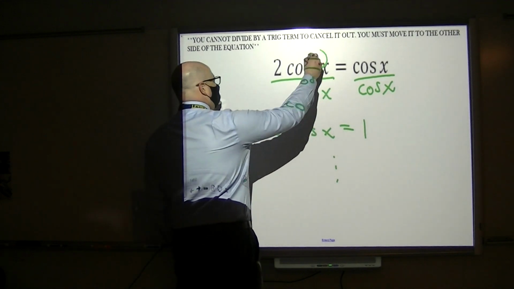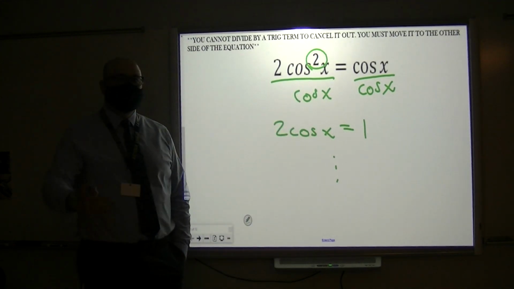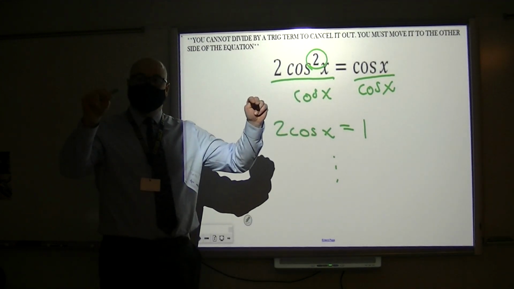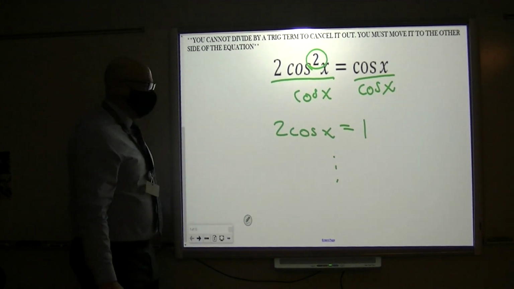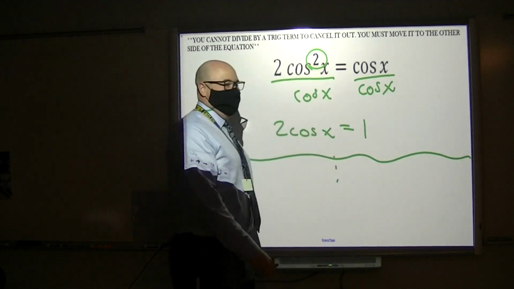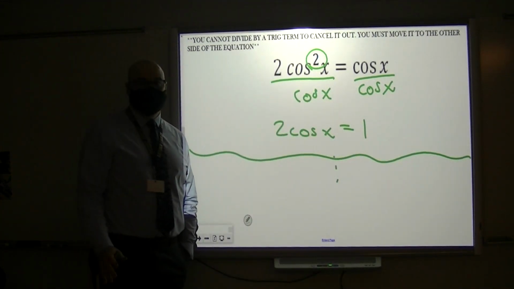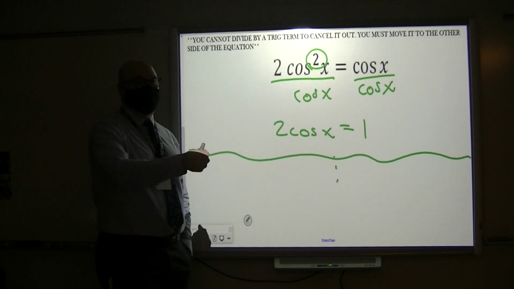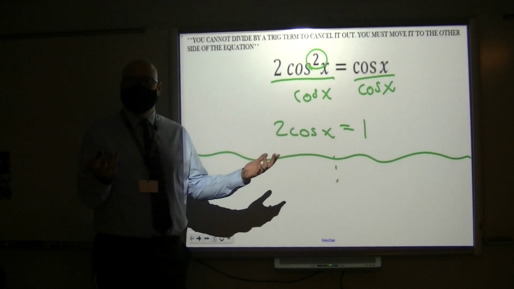Here's why. This is still a second degree of our variable x, and the fundamental theorem of algebra, if you recall, said that an equation has as many solutions as its degree, more or less.